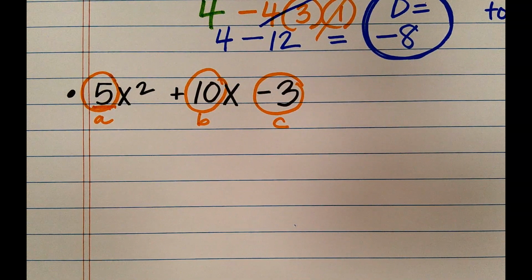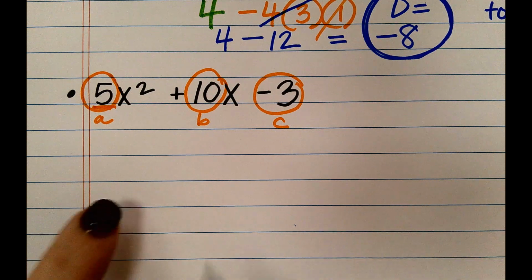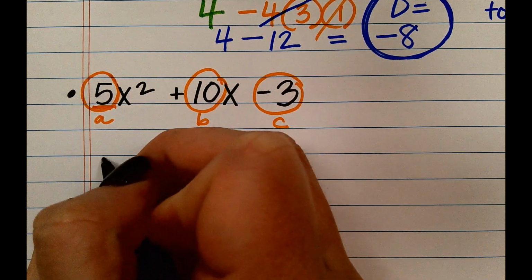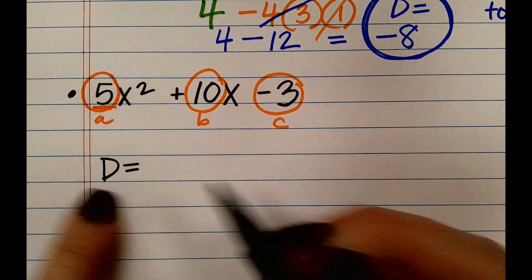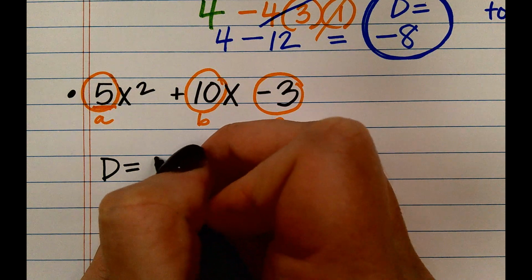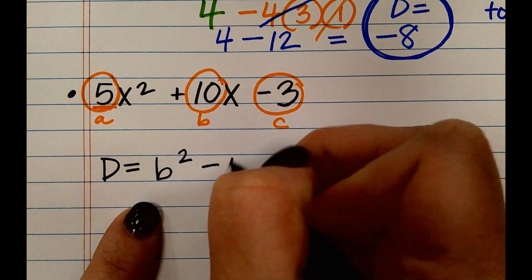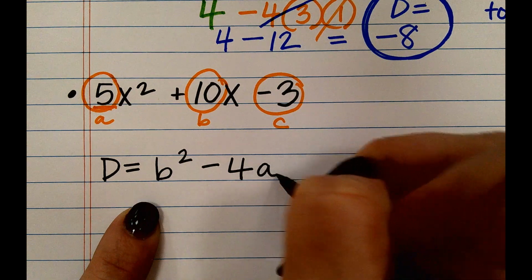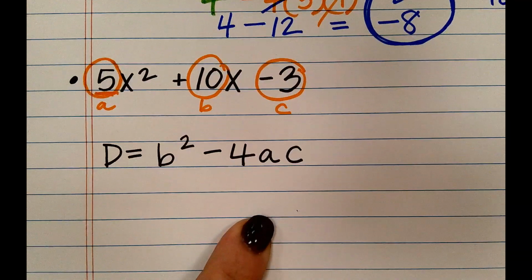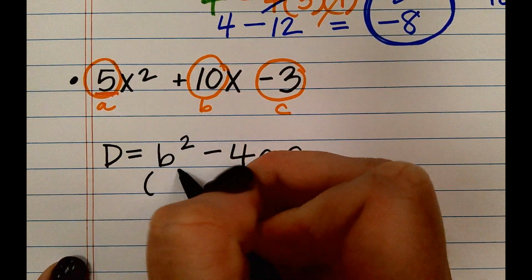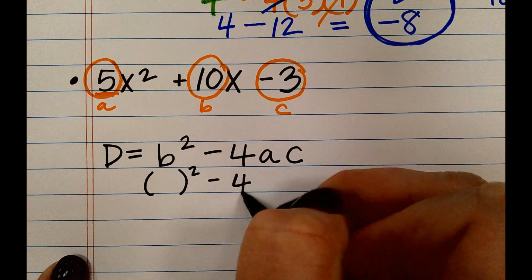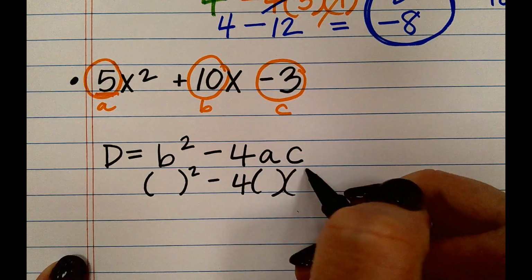Now, step 2 is what? Discriminant method. Yes, we're going to use the discriminant formula. That formula is D equals B squared minus 4 times A times C. I'm going to leave blanks: something squared minus 4 times what, times what?